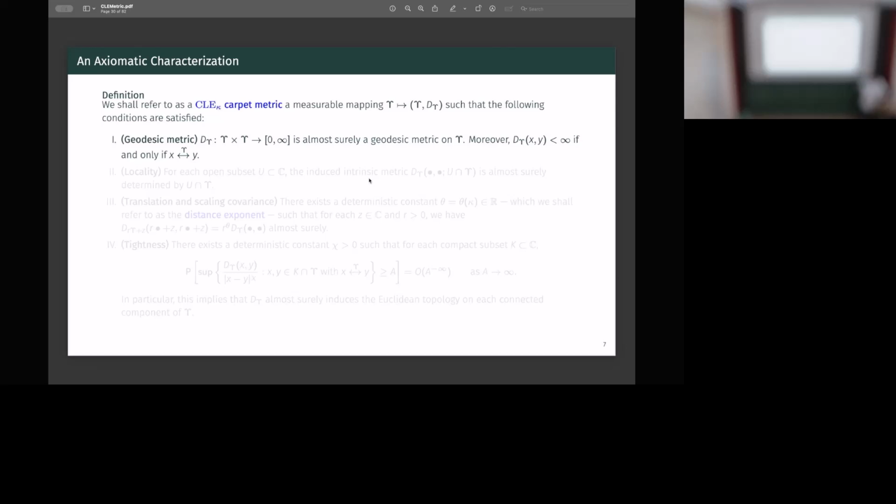We let the distance between points not in the same component be infinity. So D is a geodesic metric, and it is finite if and only if they are in the same component.